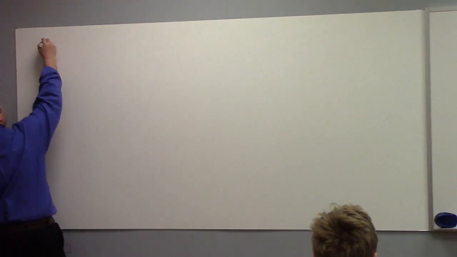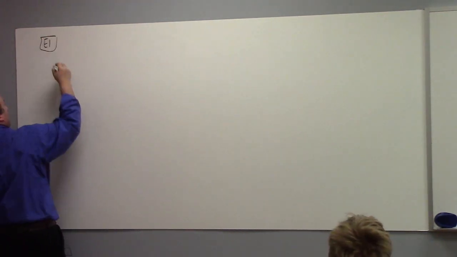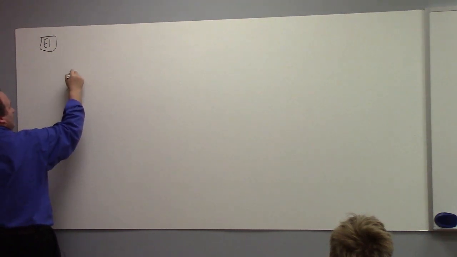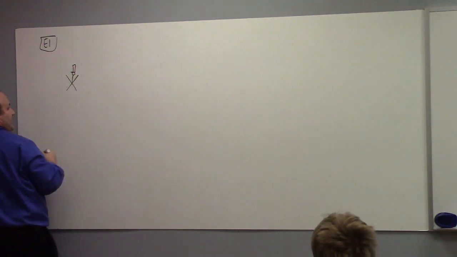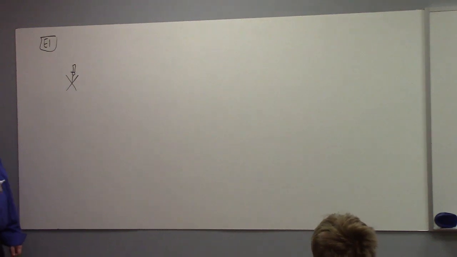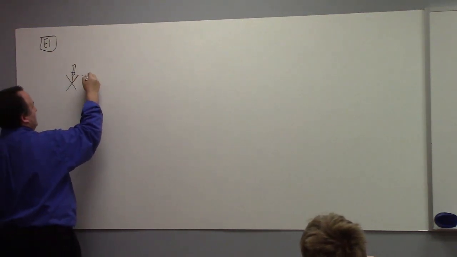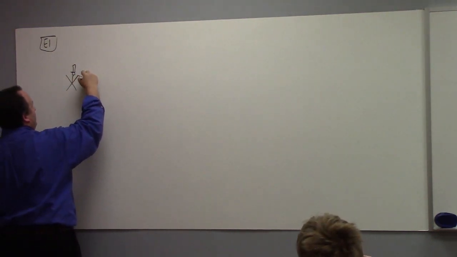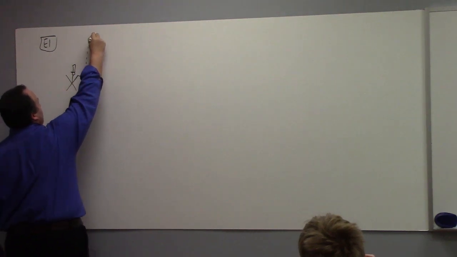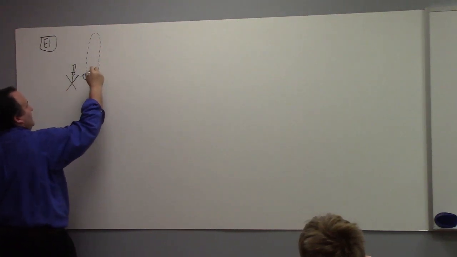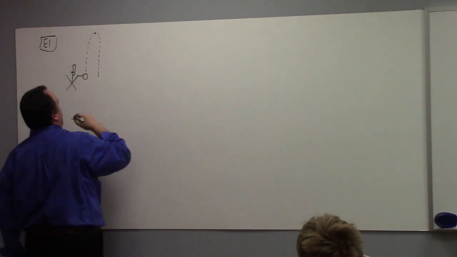Let me start you on an example. So here's my example. Mr. Top Hat, again, no relation to Top Hat, right? Takes a ball, right? And throws it, all right? And at the top, he throws it how high?